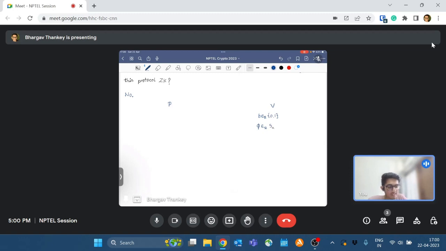So I'm assuming that the number of vertices in G0 and G1 is equal to n, and Sn is just the set of all permutations on the set 1 to n. Okay.